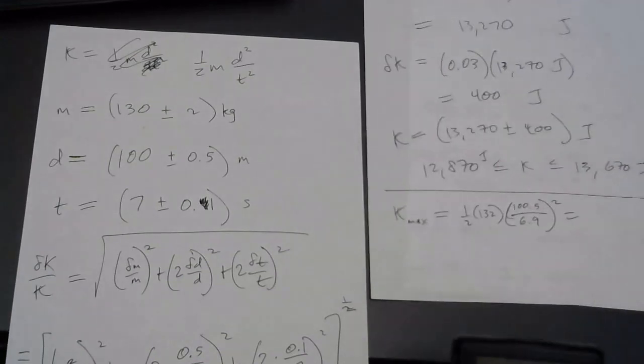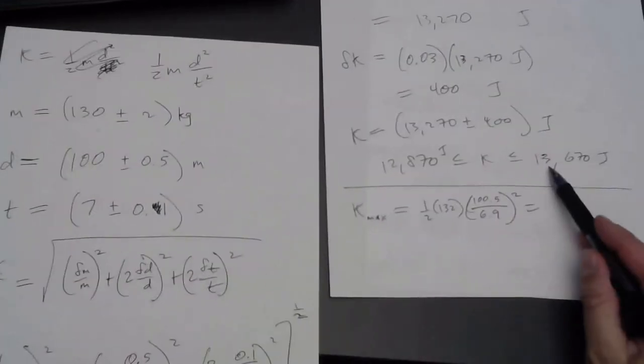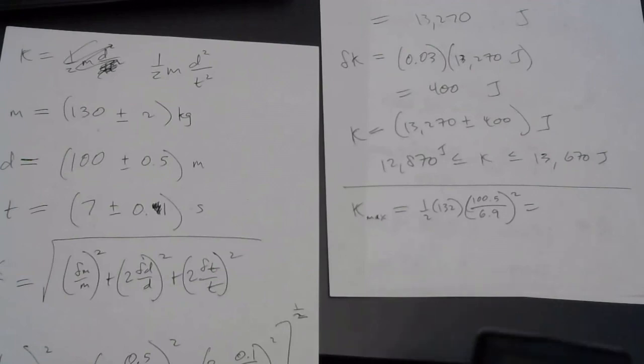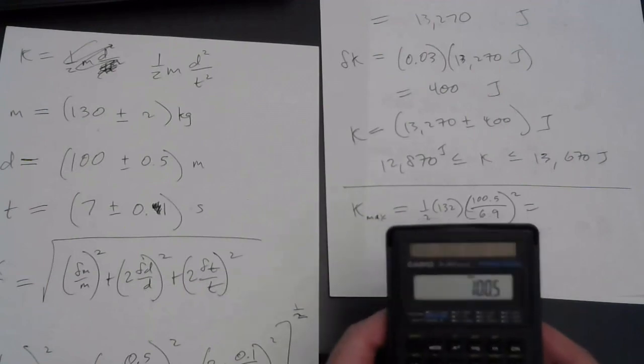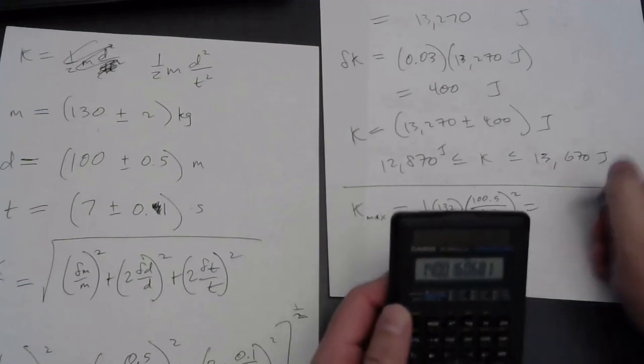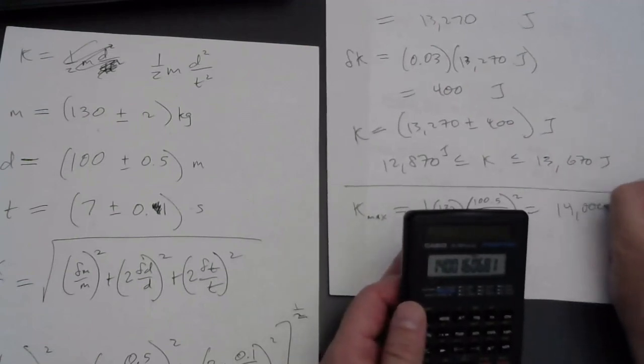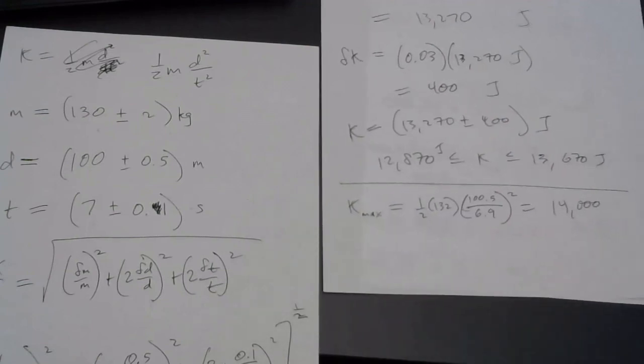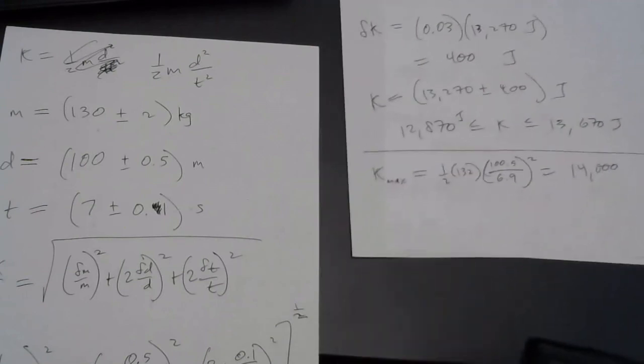So the highest likely value, and again, we're hoping for a number like this one to give us confidence that this formula works. 100.5 squared divided by 6.9 squared, 14,000. It's a little higher than this, but reasonably close agreement.